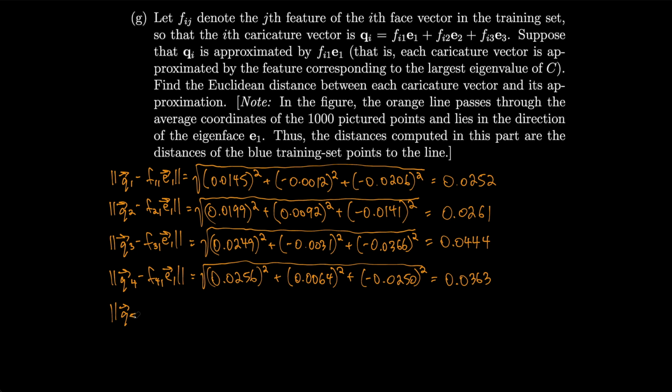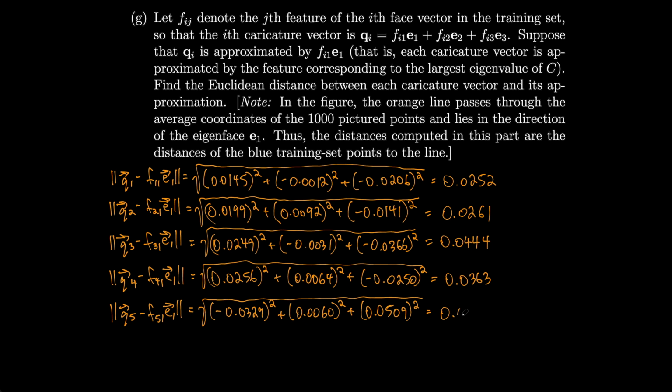Then for Q5 minus F51 E1, we get negative 0.0329 squared plus 0.0060 squared plus 0.0509 squared. So it's 0.0609.